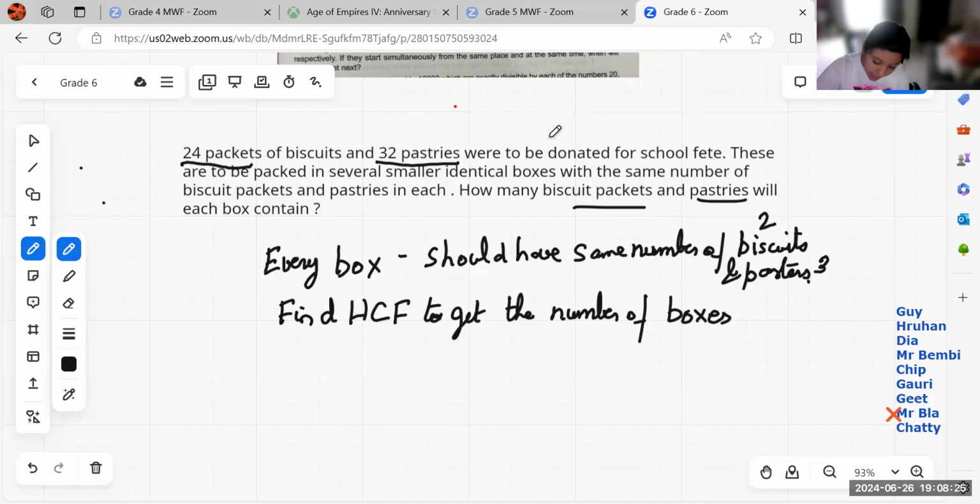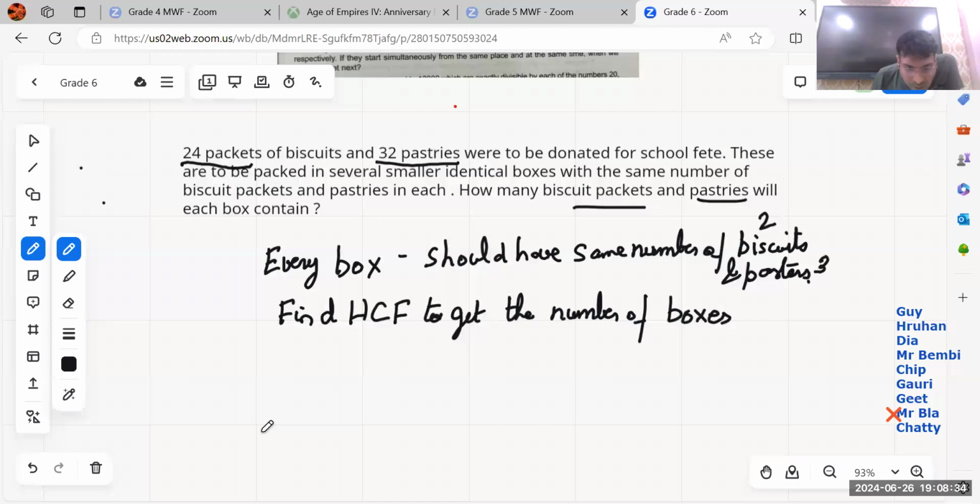Do we have to solve the rest on our own, or will you be telling us the steps? Beta, your voice is not clear at all. You can try, beta, otherwise I'll tell you if you are not able to.